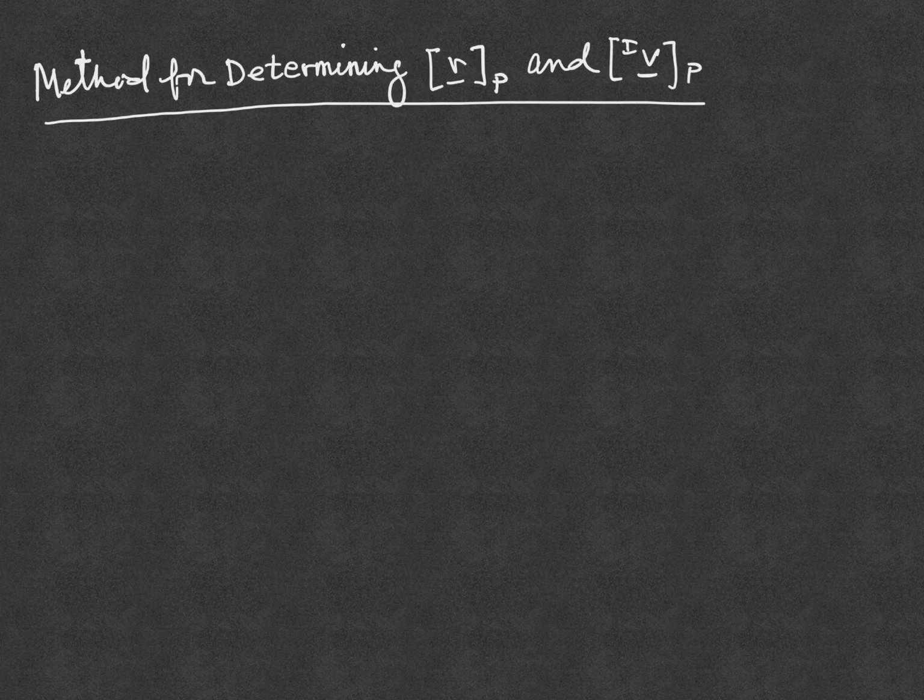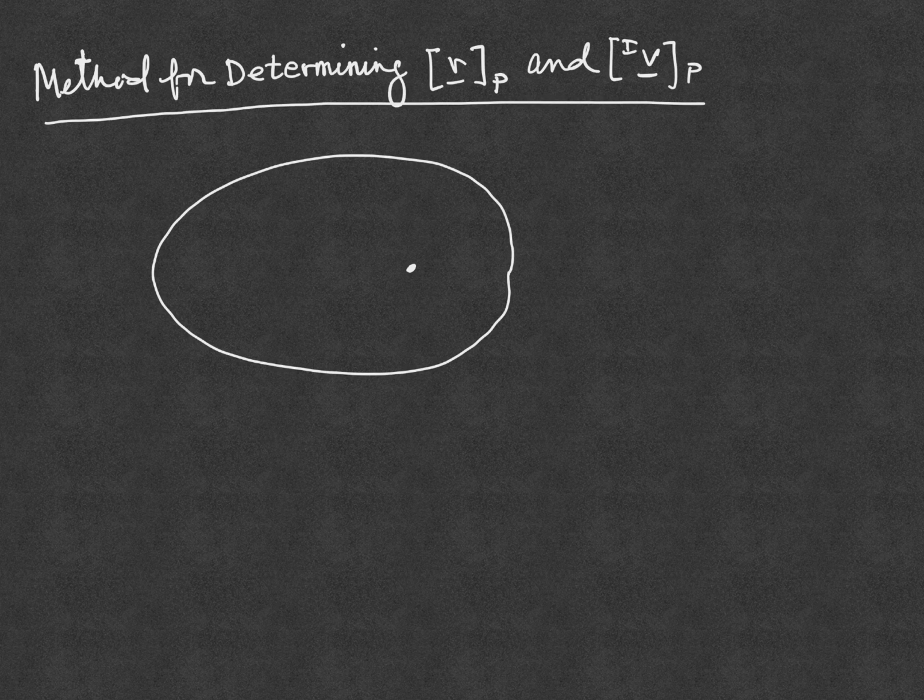Again, let's go back to the picture of the ellipse for a minute. So here's the focus. Here's the periapsis. This direction is p_x. This direction is p_y. And the spacecraft position is given, and so is the true anomaly.